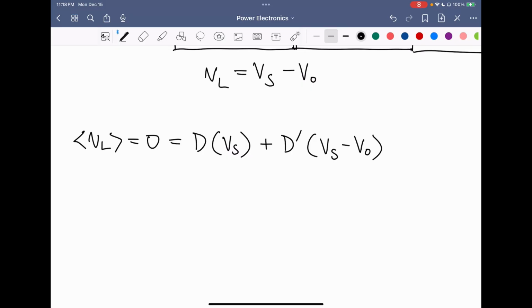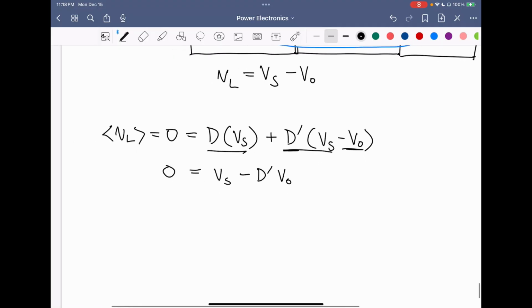So with this equation, we can see that we have D times Vs plus D' times Vs. Now D plus D' is just equal to 1. So we have 1 times Vs, or just Vs. And then we have another term, which is D' times negative Vo. So then we have a minus D' Vo here. So this equals 0.